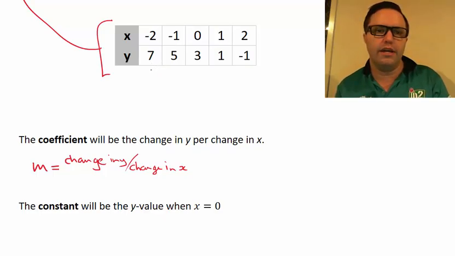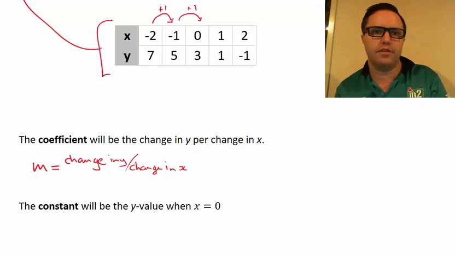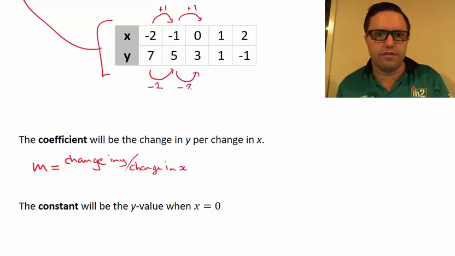The change in y as x changes: x is going up by 1 each stage, you can see that, negative 2, negative 1, 0, etc. Y is going down by 2. So it's going from 7 to 5, 5 to 3, which is minusing 2 again, minusing 2, minusing 2.